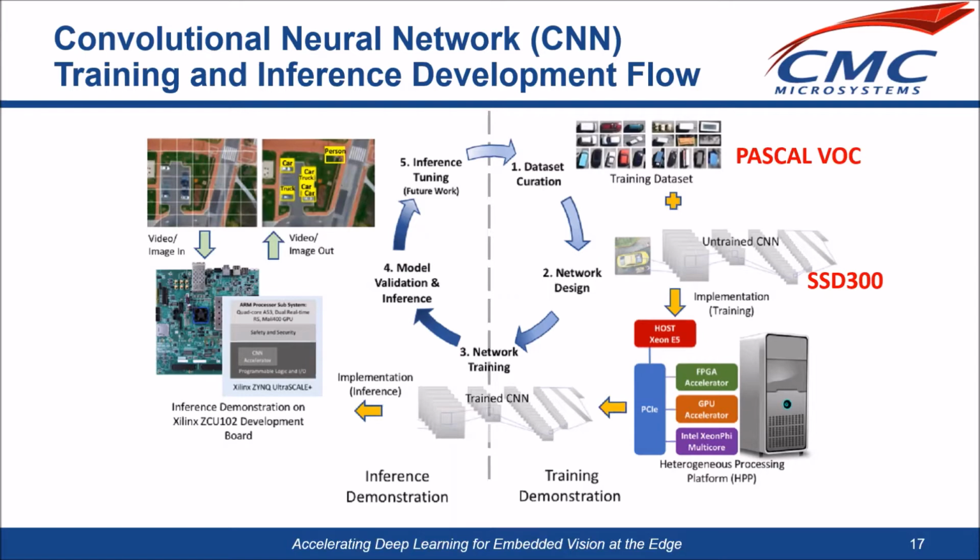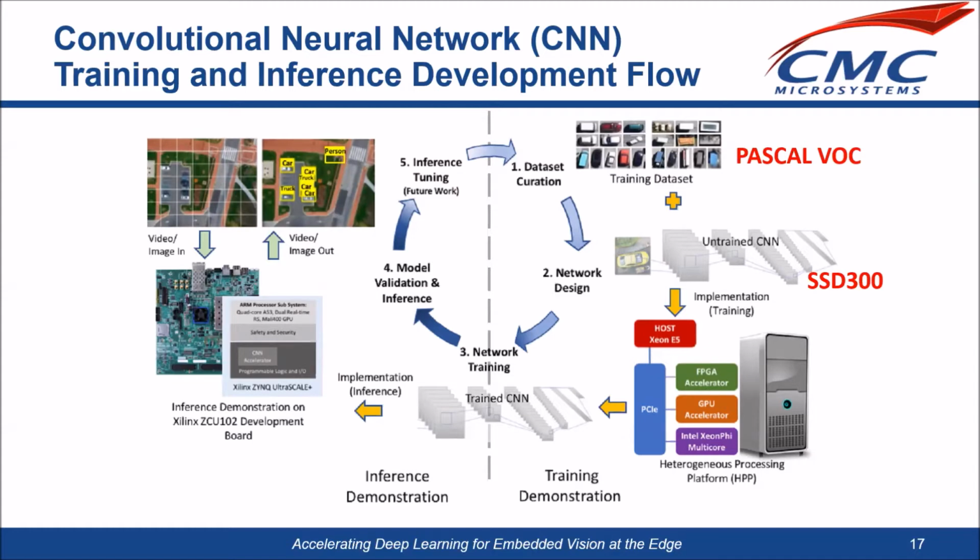For training, we run on a heterogeneous processing platform, or HPP, which we delivered through the previous CFI project called MPSoC. And we were also introducing a heterogeneous compute cluster, which has FPGA and GPU accelerators available in the cloud. These platforms include multiple processors, GPUs, and FPGAs to accelerate training and validation.